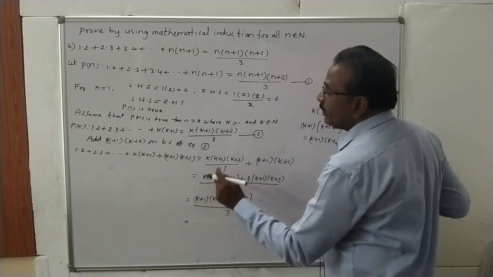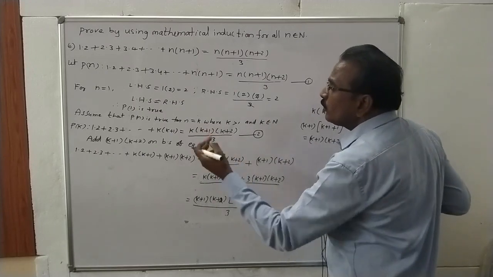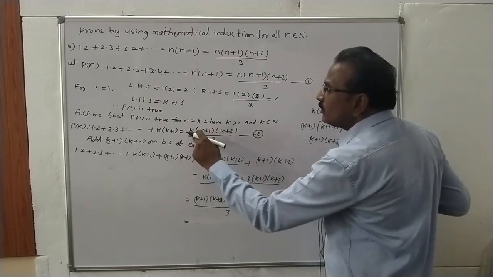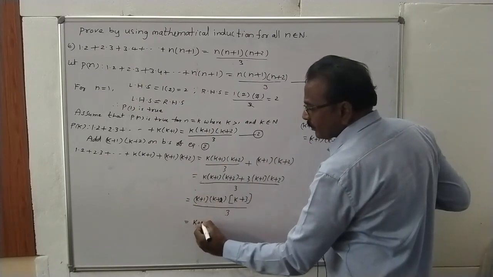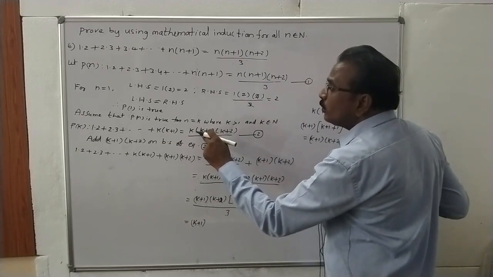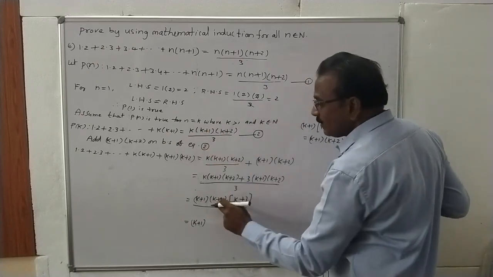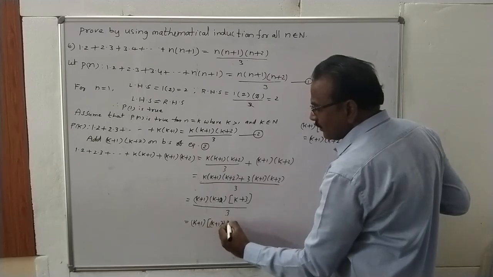Next, adjustment. What we have to prove? In place of k we need to prove k plus 1. Here the first factor is k, here the first factor is k plus 1, and the second factor is k plus 1. We need to prove k plus 1 plus 1. Here k plus 2 can be written as k plus 1 plus 1.